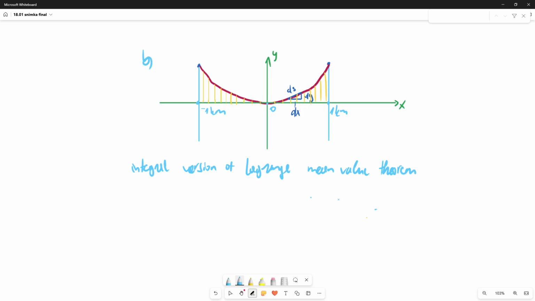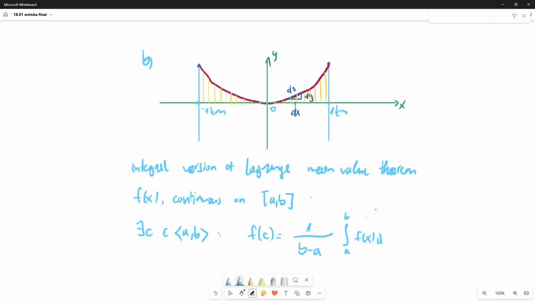It says that for a function f of x, which is continuous on an interval between a and b, there is some point c, which belongs to this interval, for which it holds that the value of the function at c is actually the mean value of the function, which is defined in this way.